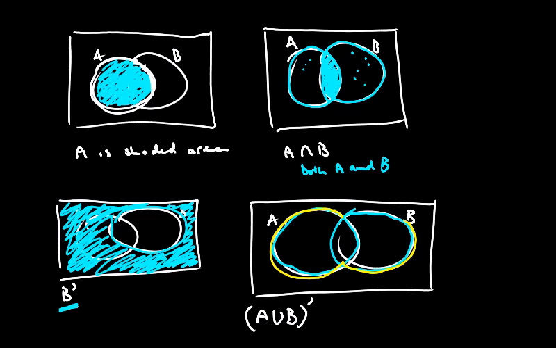I have merged them together, so if it was inside of those, that would be A union B. But I don't want inside, I want what is not in A union B. So I'm going to flip my shading, and instead of shading inside, I'm going to shade the outside. And this would be the complement of A union B.